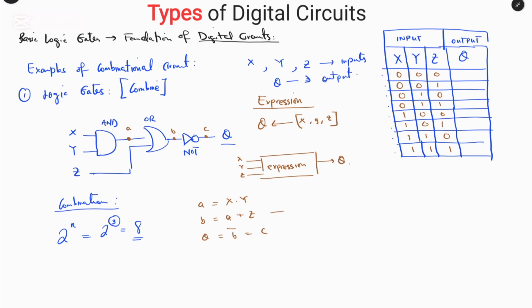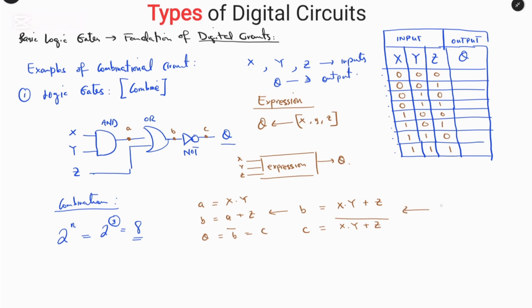Now if we substitute, we can see that B is equivalent to X dot Y plus Z, and C is equivalent to X dot Y plus Z, inverted.